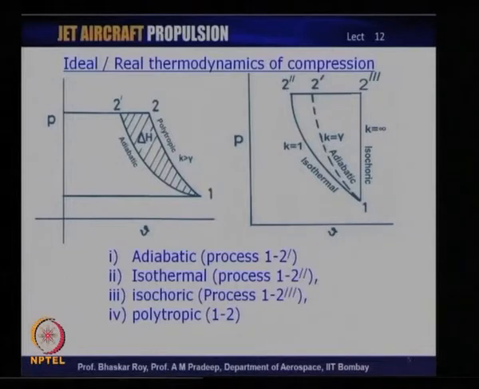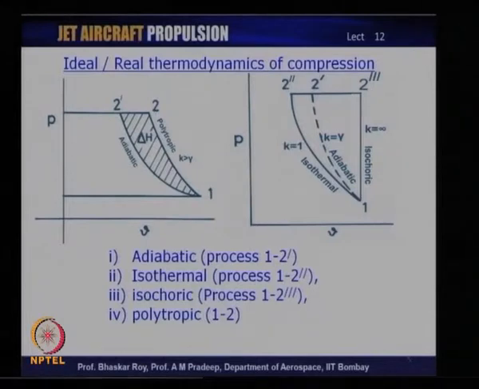Now, on the right hand side, you would see a number of other possibilities. In a PV diagram, you could have a process which is isothermal. In between, we have the process which is adiabatic, the so called ideal process, and the third process, which is a theoretical possibility, is an isochoric process, where the specific volume remains constant and the pressurization goes from 1 to 2 triple prime.